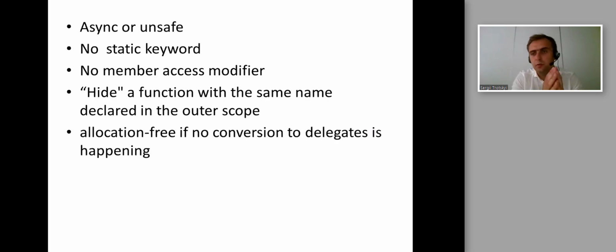No static keyword could be applied because it makes no sense. No member access modifier because of the same reason. In case you have some function with the same name, the local function will hide it. The benefit of a local function is that it is allocation free, of course, if you have no conversion to a delegate.